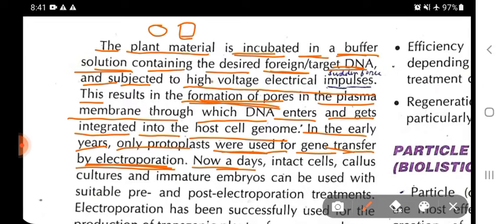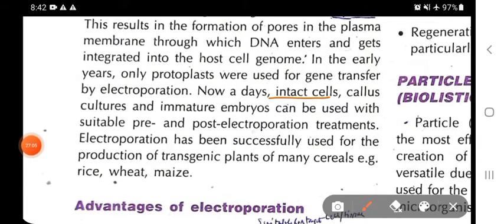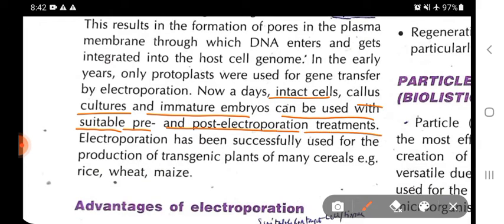But nowadays you can use callus culture, intact plant cells, and immature embryos with suitable pre- and post-electroporation treatment. The callus culture can be used as a target plant cell for introduction of our DNA through the electroporation technique.